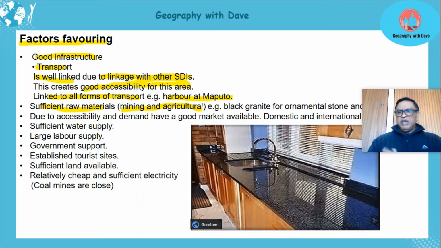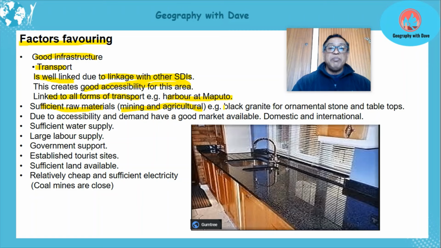There's a lot of variety, and that's going to attract investors. Hey, there are so many raw materials, I don't need to pay expensive prices to transport them into the area. I've got it right there or nearby. So that's another thing.